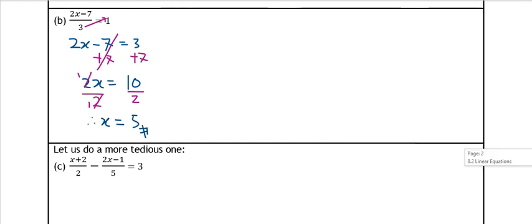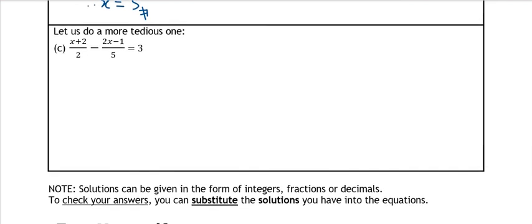Now let's have a look at here. This is quite tedious to do, as you can see later, because you have to simplify this first before you can use the cross multiplication. Here, for 2 and 5, the LCM is 10. So this one you have to multiply everything by 5, and here 5 times 2 to get 10, so you have to multiply everything by 2 on the second fraction.